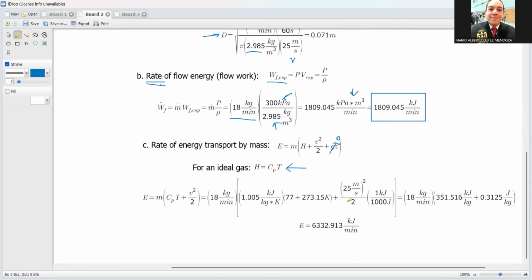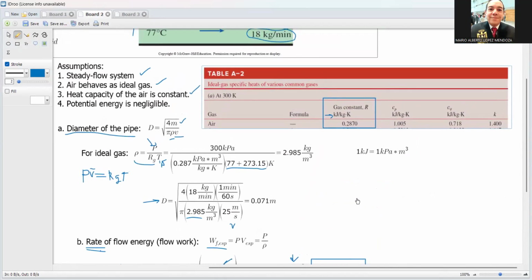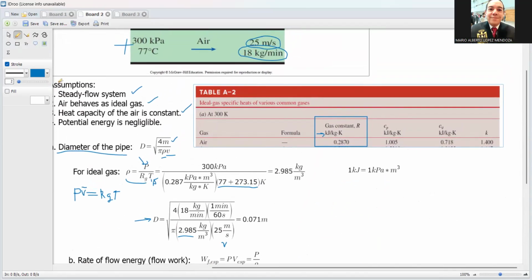Getting back to the table, here we have heat capacity, but heat capacity is measured at this temperature, 300 Kelvin. This is quite near the standard temperature. This is 27 degrees Celsius.